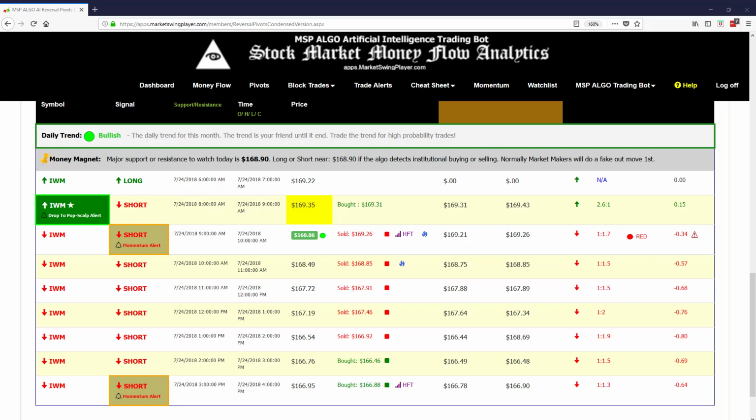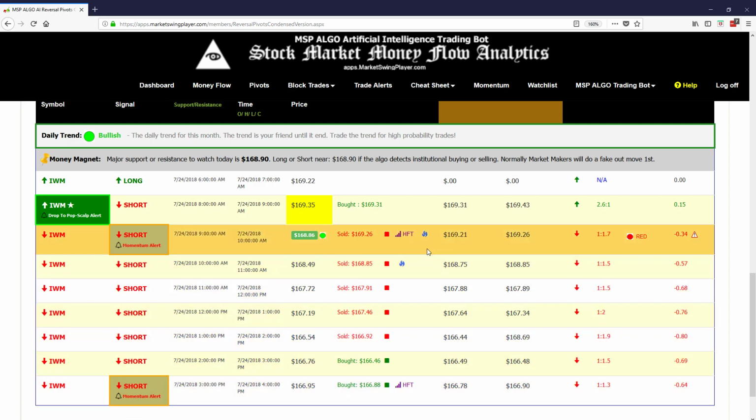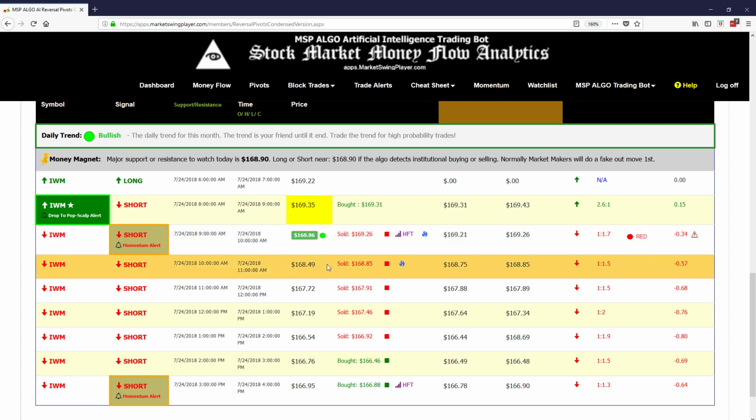Let's go back to the app. All right, so at 9:10, we could actually see the selling, okay? Since we're using a 1 hour time frame, let's think about charts with the 1 hour.